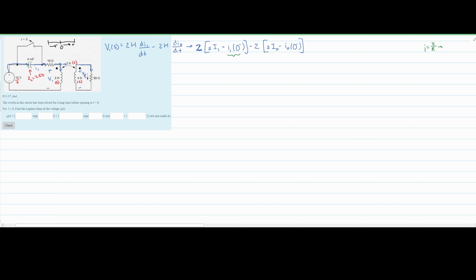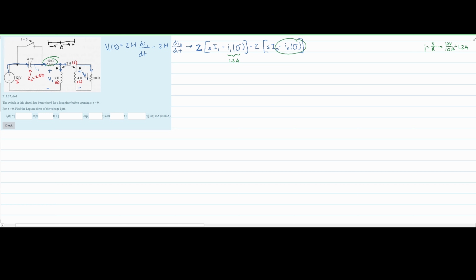We know that voltage is 12 volts, and the resistance here is this resistor, so it's 10 ohms. And so the current here is going to be 1.2 amps. So we would be plugging 1.2 amps inside of here.